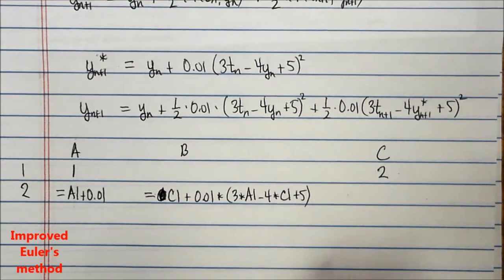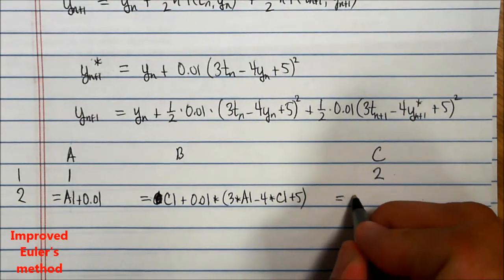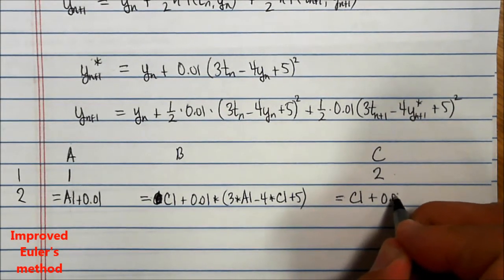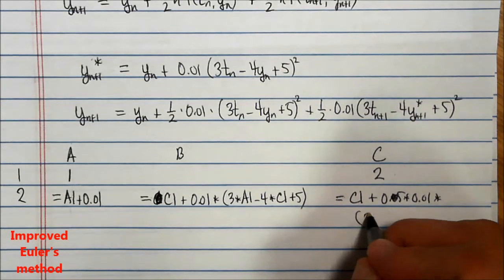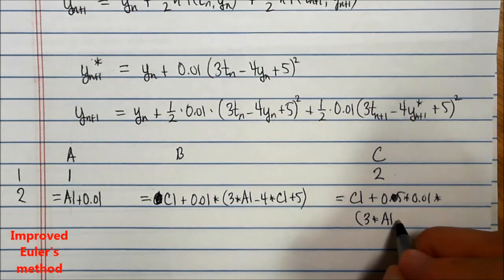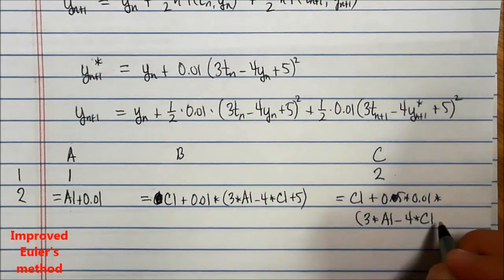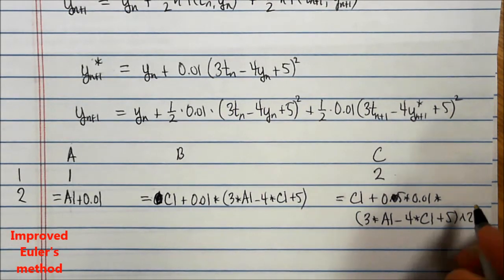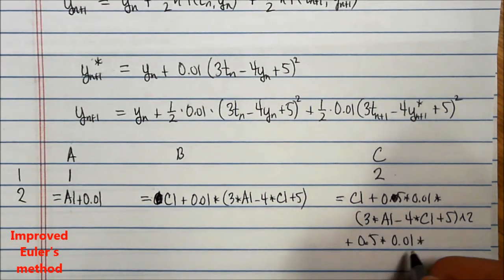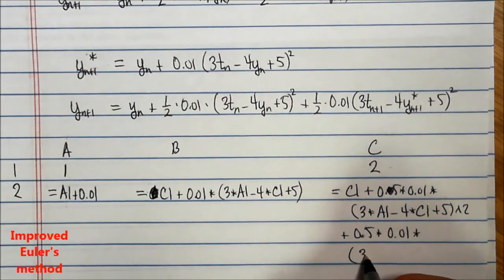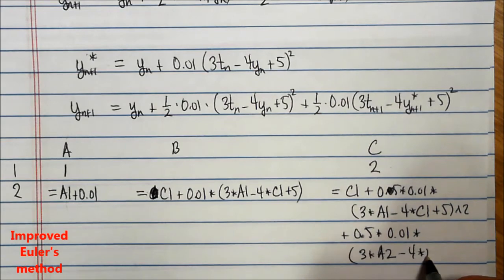Then over here in column C is going to be a bit of a mess, equals the previous y value plus 0.5 times 0.01 times 3 times the previous t value minus 4 times the previous y value plus 5 squared plus 0.5 times 0.01 times 3 times the current t value, so that's A2, minus 4 times this predictor, in B2, plus 5 squared.